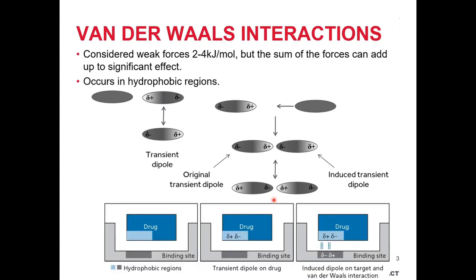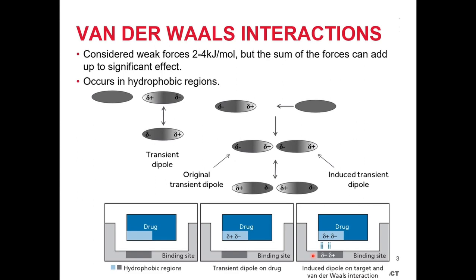Now in a drug binding site, the same thing can happen. So here we have our drug molecule, and in light blue we have our hydrophobic region. Now when this approaches a hydrophobic region in the binding site, which is shown in dark grey, we can get this transient dipole induced. And this transient dipole forms the basis of an attractive interaction between the drug molecule and the binding site.